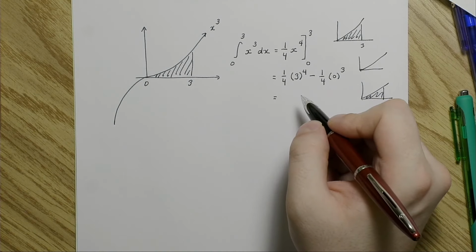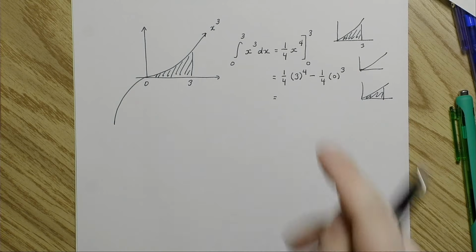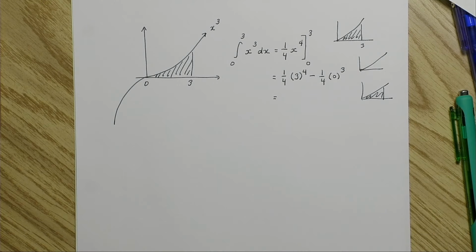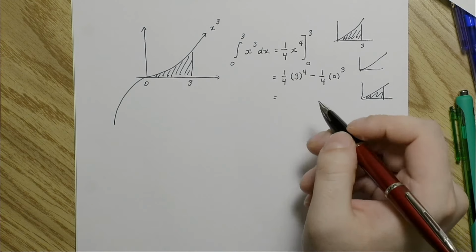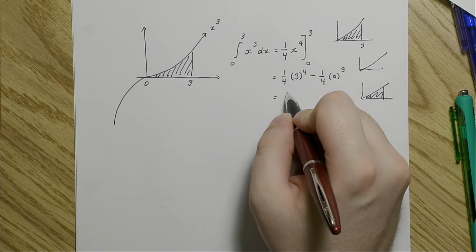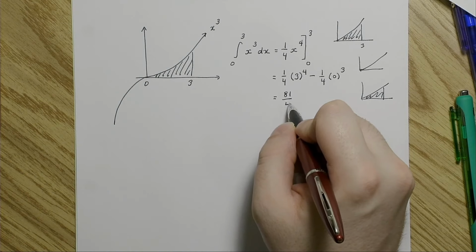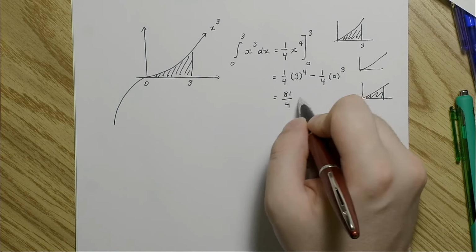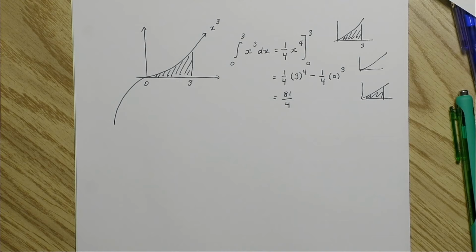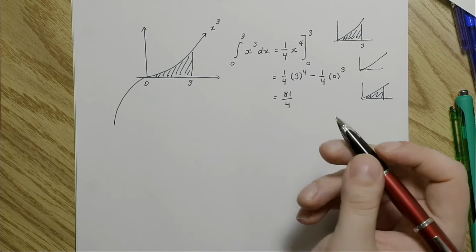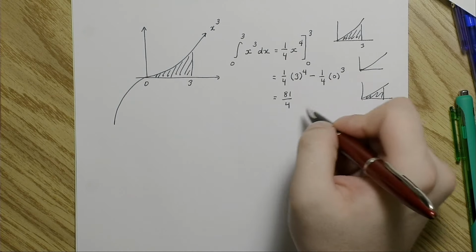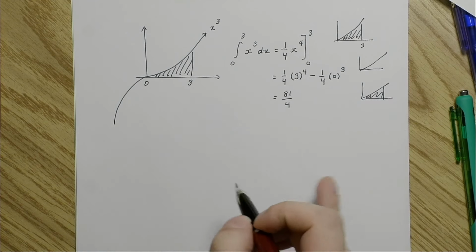So if I think of 3 to the 4th, is that 81? I'm sure someone will tell me. 81 over 4. Can I reduce that? Nope. So that's, for instance, how I would calculate something like that.